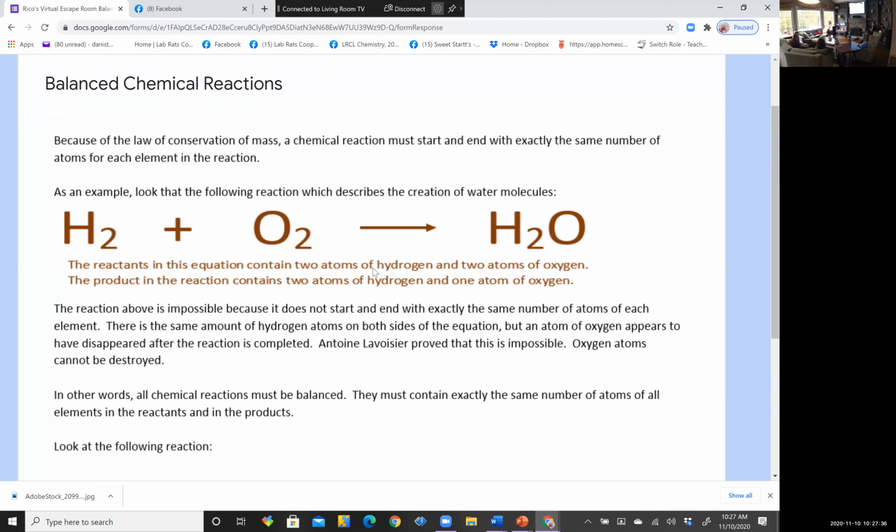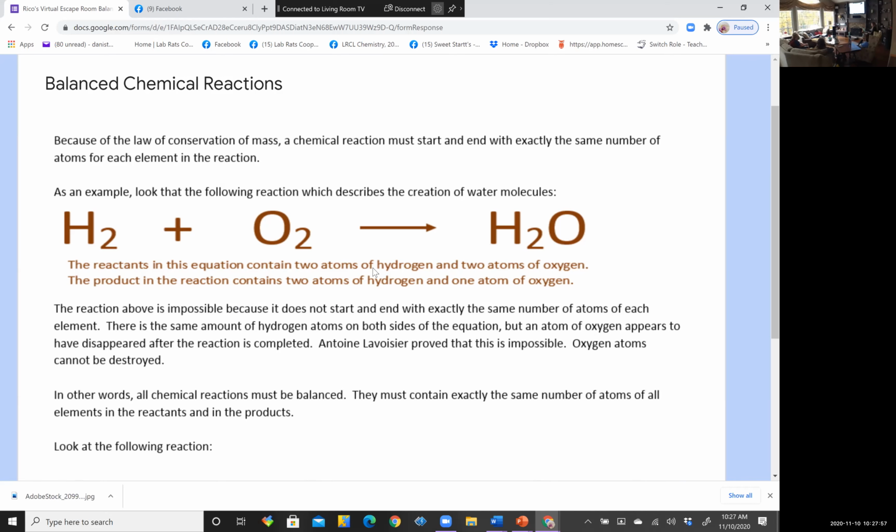Now it's chemical equations. Because of the law of conservation of mass, a chemical reaction must start and end with exactly the same number of atoms for each element in the reaction. As an example, here we have water, right? H2 plus O2. The reactants in this equation contain 2 atoms of hydrogen and 2 atoms of oxygen.